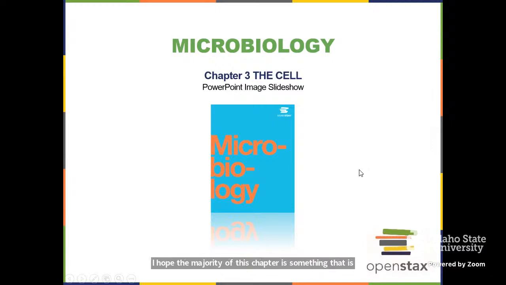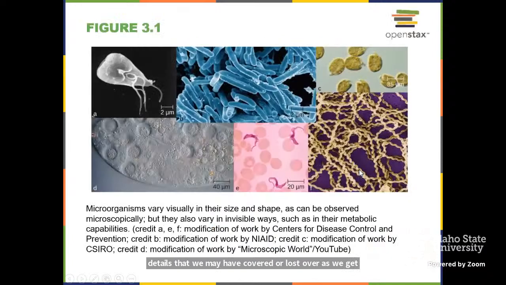It really depends on, were you in biology or did you take 2227 as far as some of the details that we may have covered or glossed over. So I hope a lot of this is sort of review-like, all right?